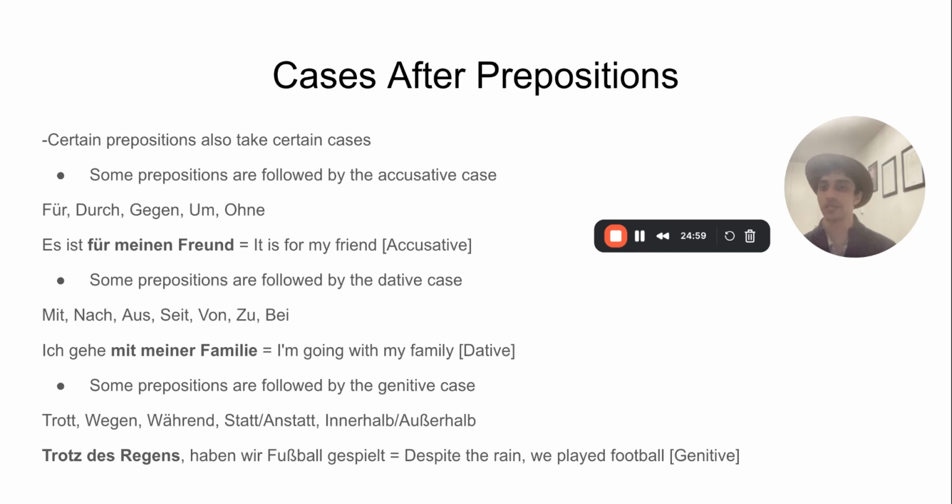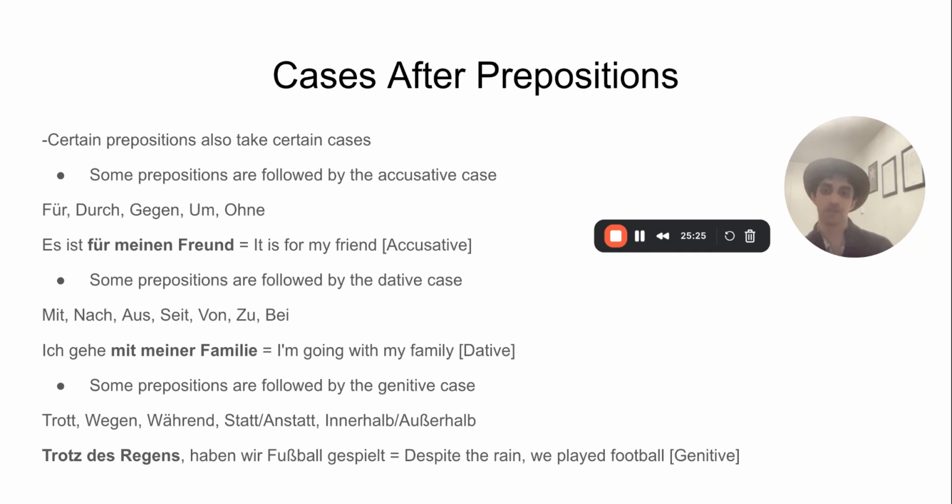For example, es ist für meinen Freund. It's for my friend. Meinen Freund is the one that goes in the accusative case. The preposition itself doesn't change, but the words after will change their case according to whatever case that preposition must take. So für is a preposition taking the accusative case, so the words following it must go in the accusative case.